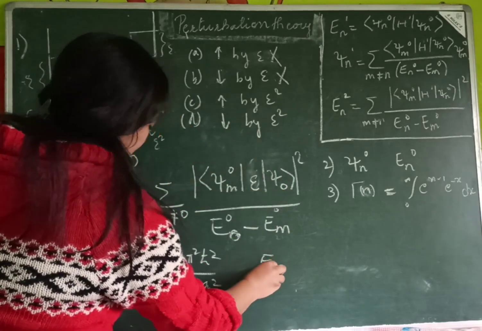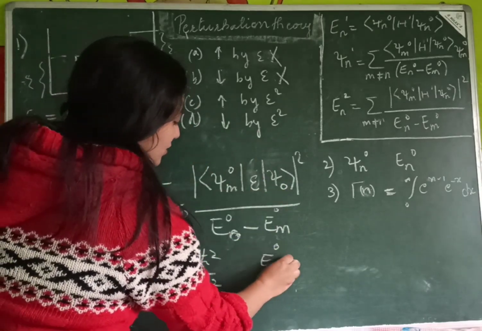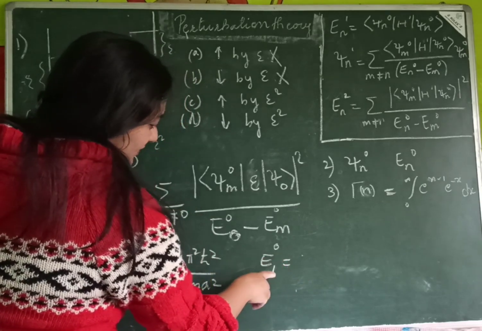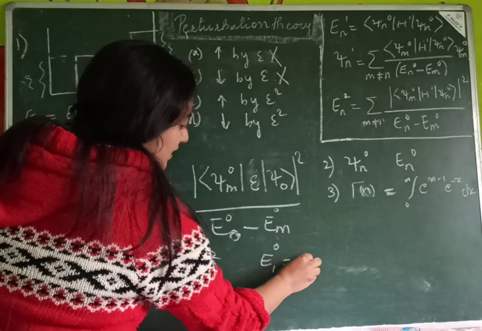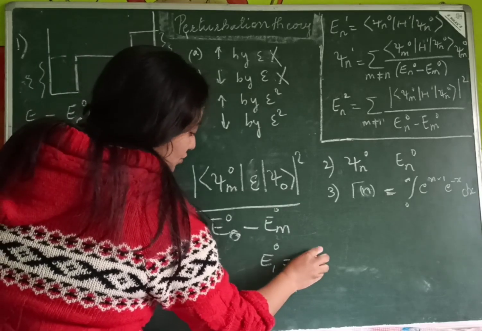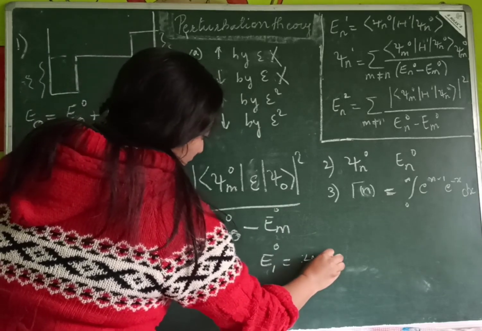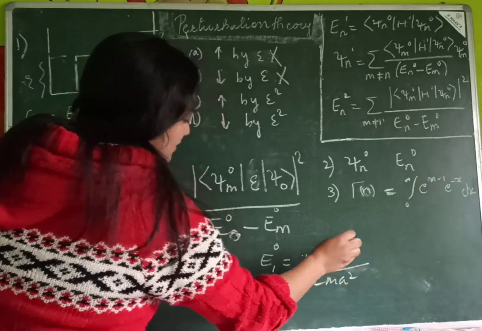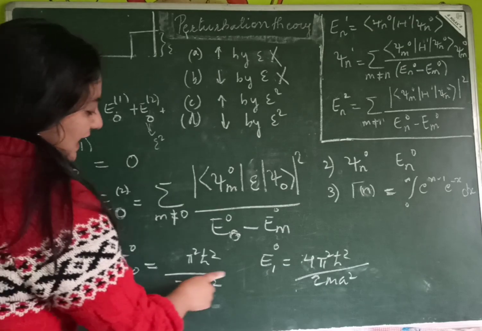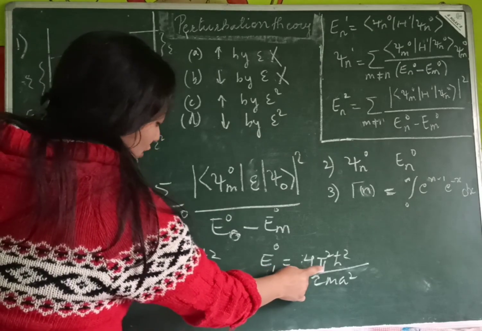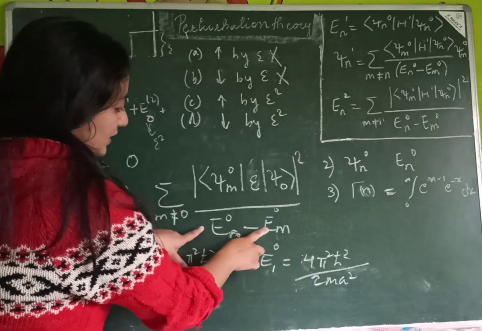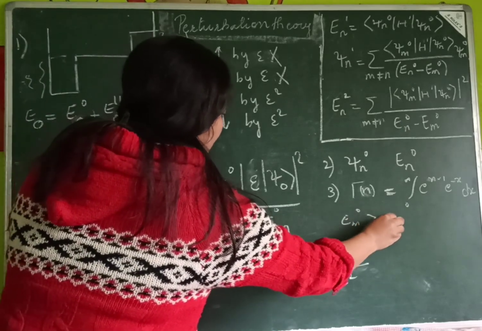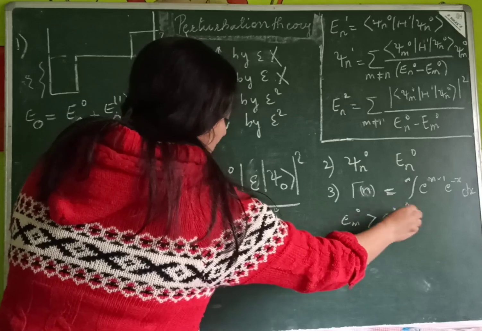That could be, say, E1 0, which comes out to be n squared. For the first excited state it should be 2, so 2 squared, hence 4 pi squared h cut squared by twice m squared. So I see that this term is more than this term, which means this Em0 will always be greater than E00.